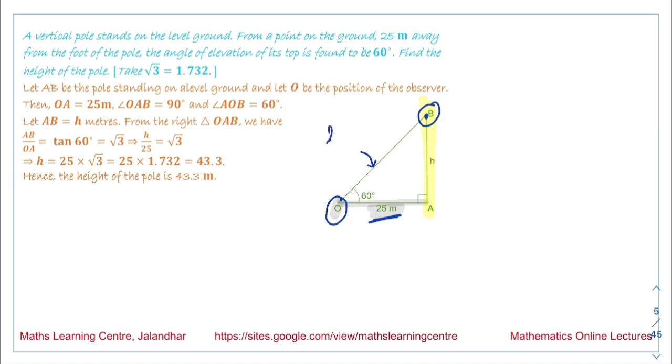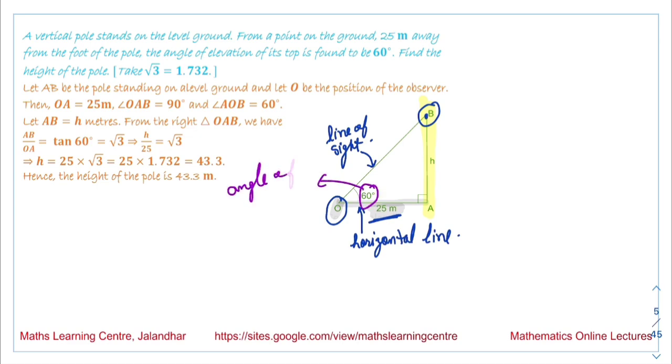This line is the line of sight. This OA line is the horizontal line. The angle between the line of sight and the horizontal line is the angle of elevation. Why angle of elevation?